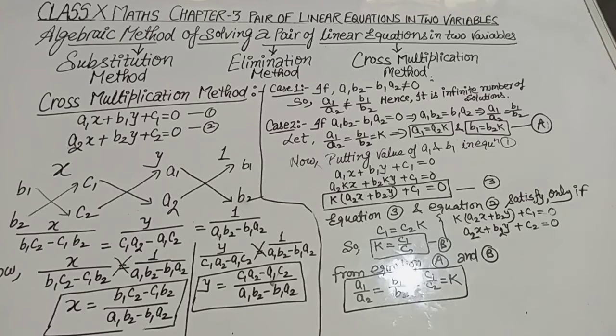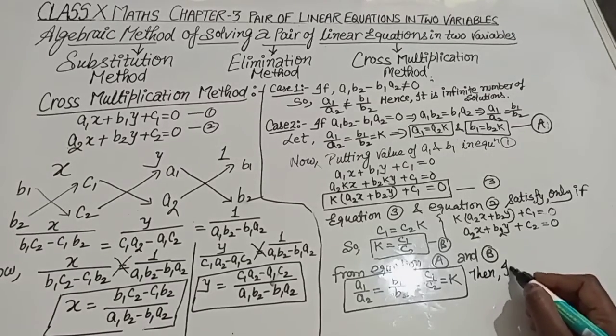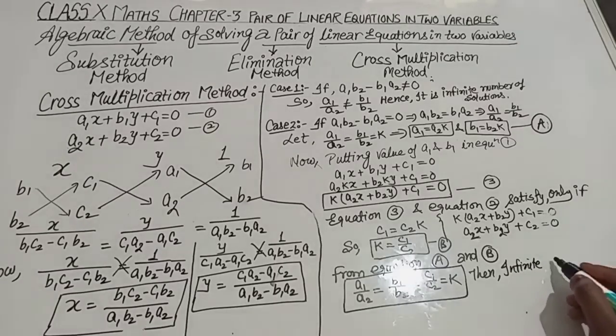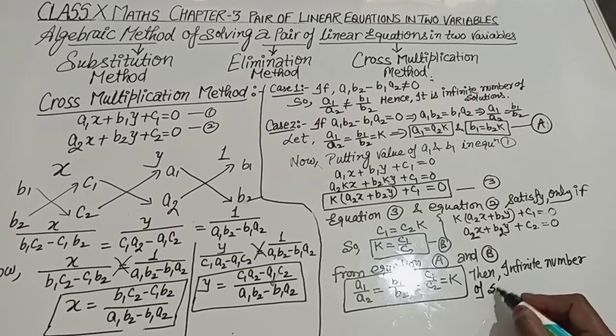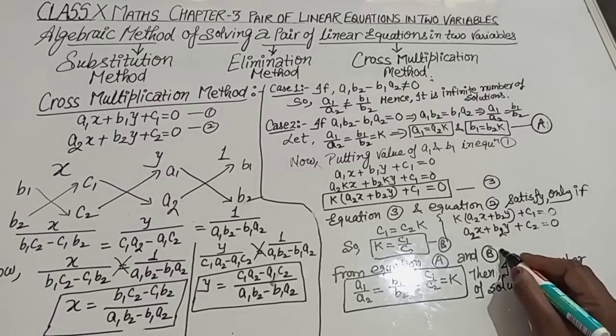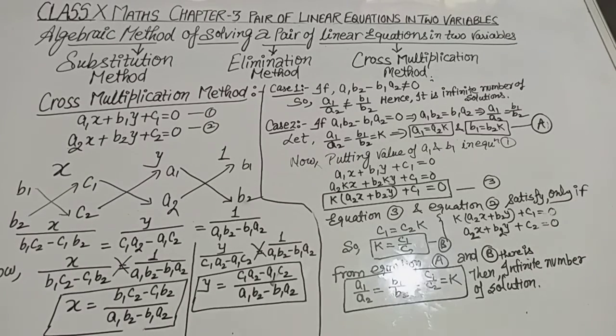We have already studied in the introduction part and the chart that when a1 upon a2 is equal to b1 upon b2 is equal to c1 upon c2, then there is an infinite number of solutions. So two conditions arise in the cross multiplication method.